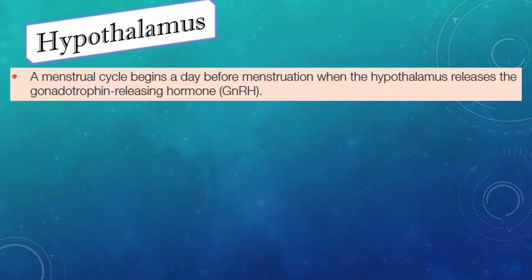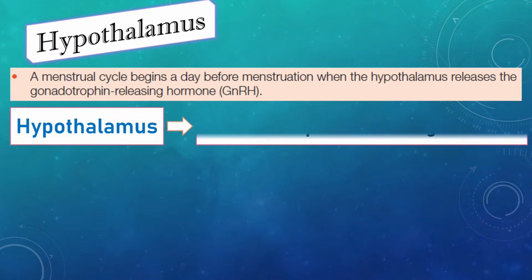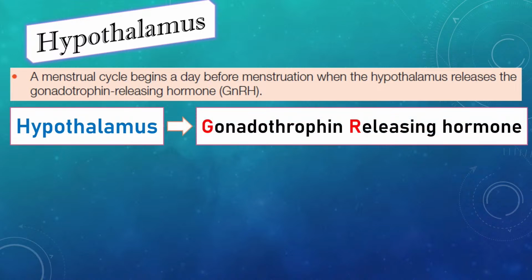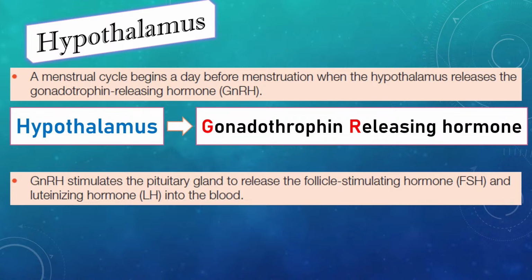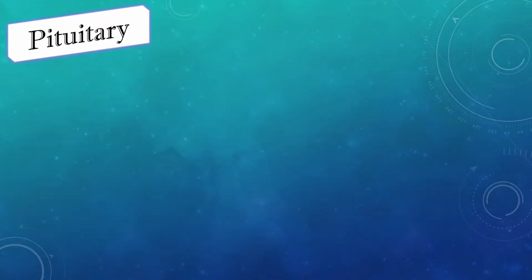Hypothalamus secretes gonadotrophin releasing hormone. What is the function of this gonadotrophin releasing hormone? When hypothalamus secretes gonadotrophin, this hormone will be used to stimulate pituitary. So gonadotrophin is going to stimulate its hormones.